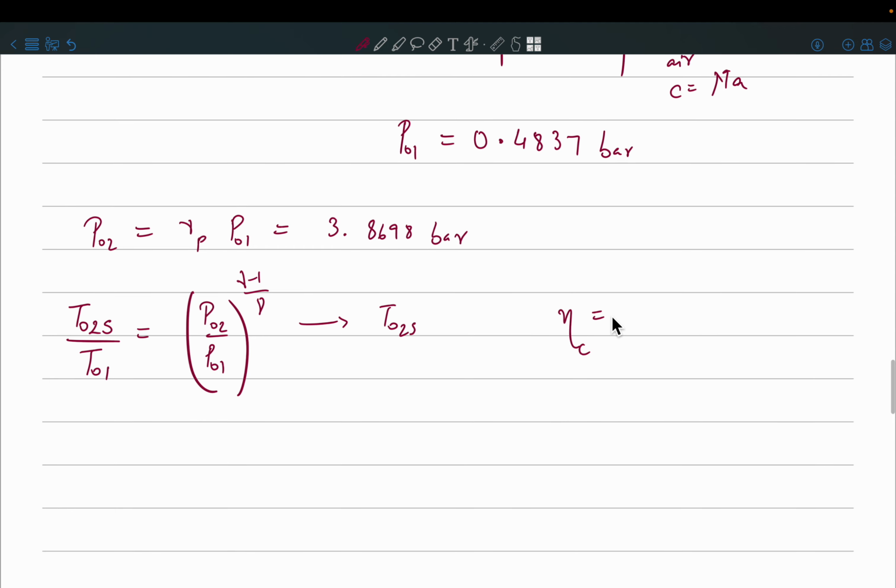If you do this, you will get T02s, and then we have the efficiency of the compressor, which is what? What is the definition of compressor efficiency? It is the ideal situation by the real situation, right? So it should be T02s minus T01 divided by T02 minus T01. So you know T02s from this isentropic relation. T01 we found above, and the compressor efficiency is given.